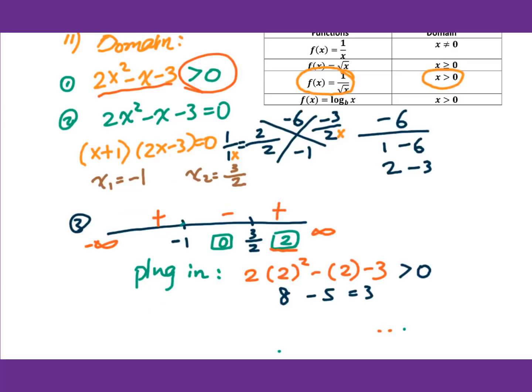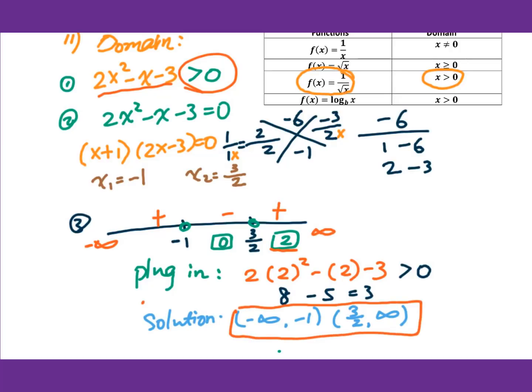No equal sign, this is an open circle. Therefore, the solution is from negative infinity to negative 1 and 3 over 2 to positive infinity. This will be the domain to number 11.